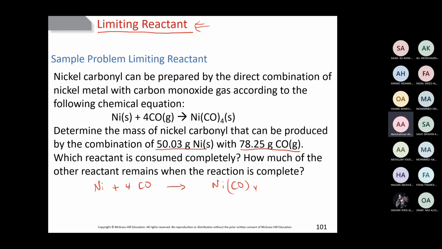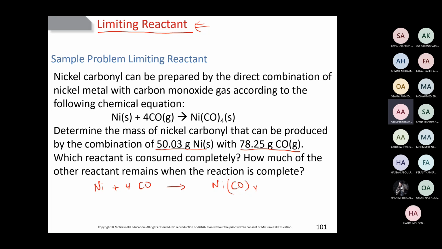Okay, how many moles of nickel do we have? How many moles of nickel do you have in this reaction? 1. No. Oh yeah, well, in the equation, but what the numbers, change this to mole. How many moles of nickel? What should you do?